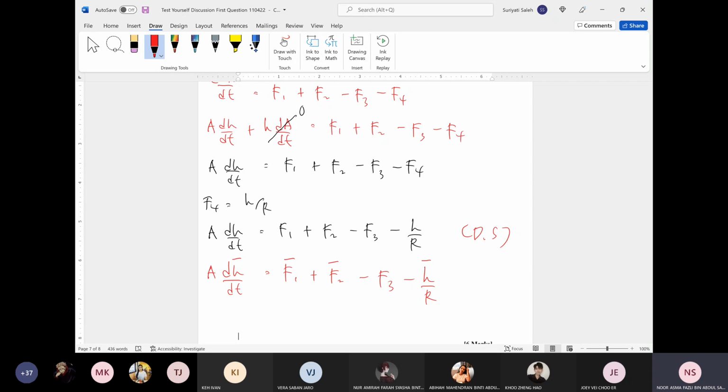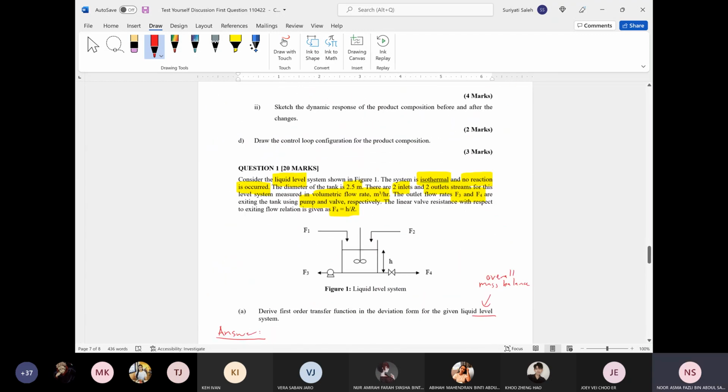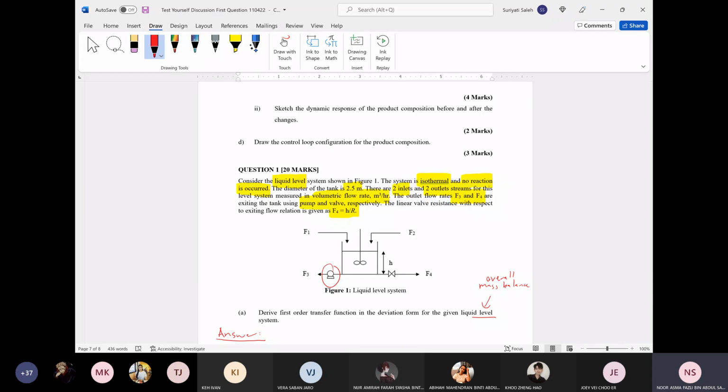How about F3? Like I mentioned before, if we take a look at F3, you have the pump over here. The function of the pump is to continuously regulate the flow rate at a fixed flow rate normally.